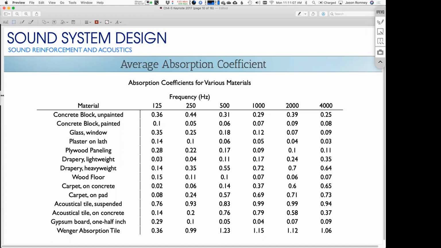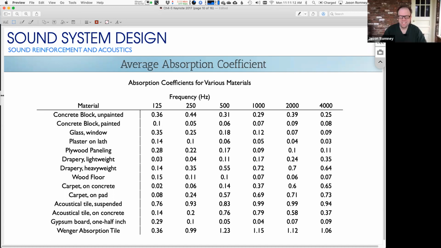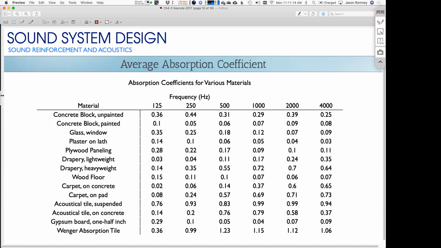Everything above 1 makes me think, that's interesting. That is interesting. Yes. We'll talk about that in a second. What else?